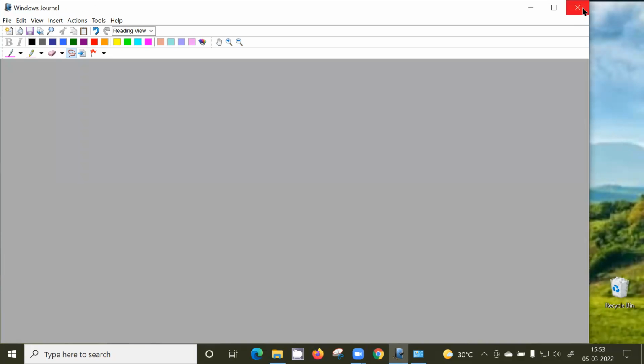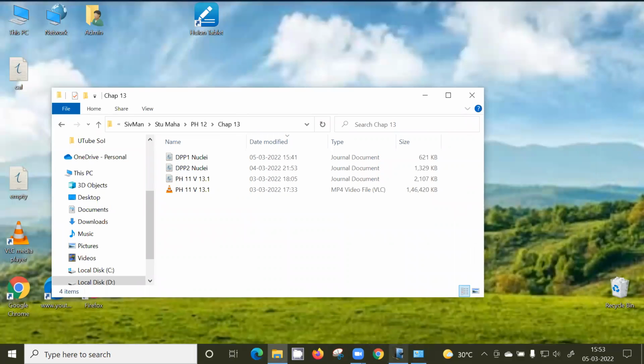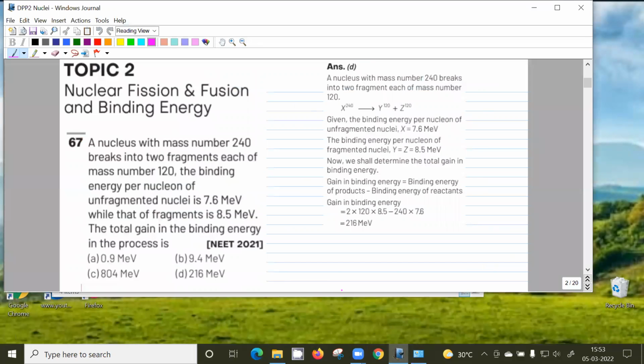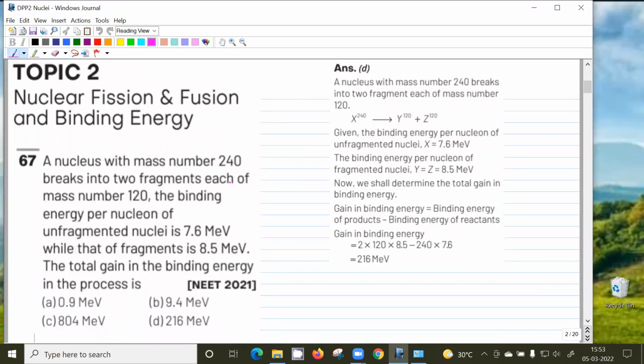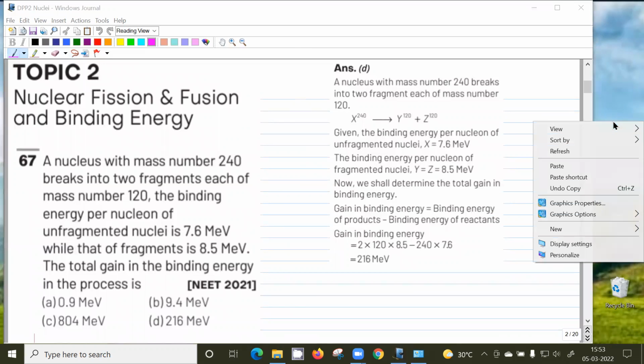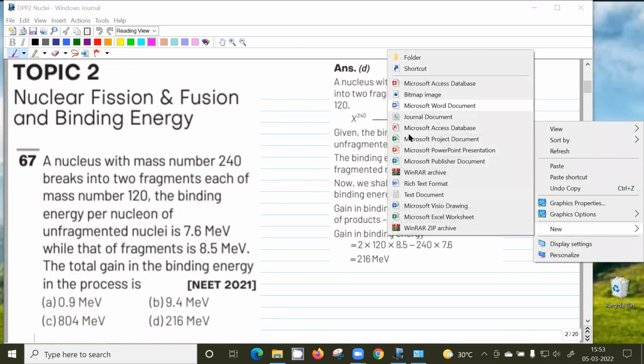Okay, we'll move to today's topic. We'll continue to solve additional problems of nuclear physics. So the Journal file, are you able to open it? Okay, you're able to open it, right? Because when you right click and say new, you're getting this Windows Journal document. Can you just check right now? Yes, sir.